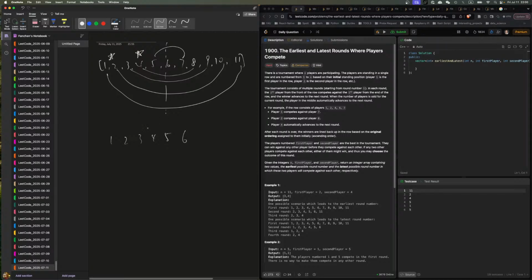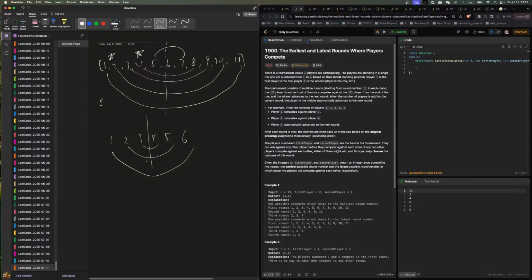Now, so this is round 1. They're on both sides. So now that they're on both sides, we want them to meet each other, but they cannot, because in this one it's like this.